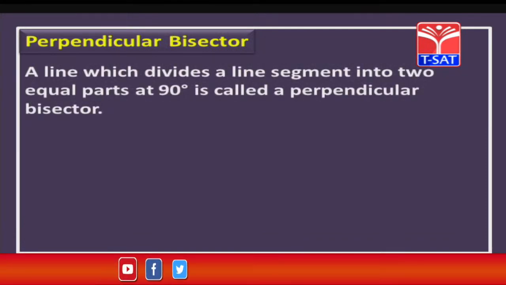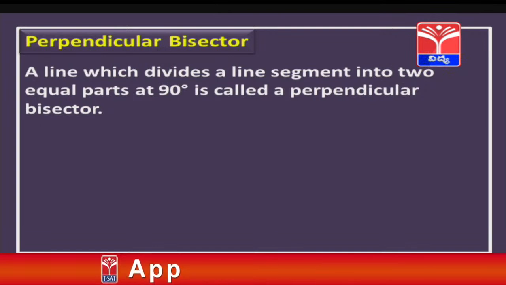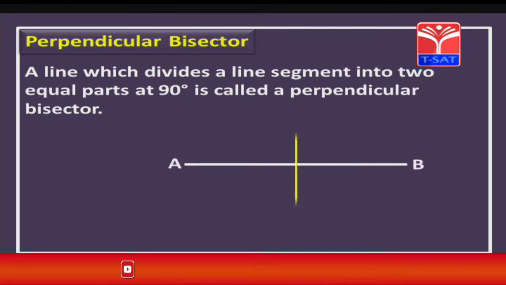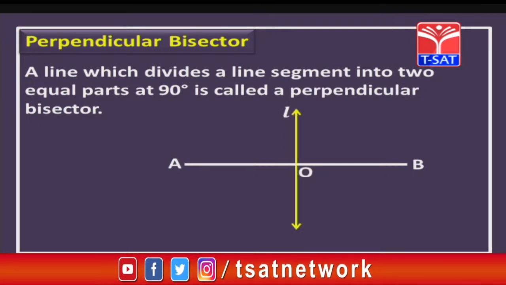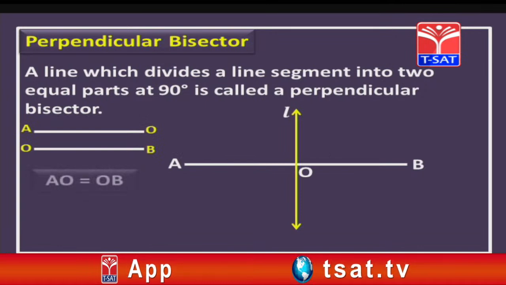So, first we will learn what actually a perpendicular bisector is. A line which divides a line segment into two equal parts at an angle of 90 degrees is called a perpendicular bisector. Let us understand this, children. Now, consider a line segment AB. So, it has some fixed length. Now, I will draw a line L, which is intersecting AB at some point O. Now, this line L divides AB into two equal parts, that is OA and OB both are equal.